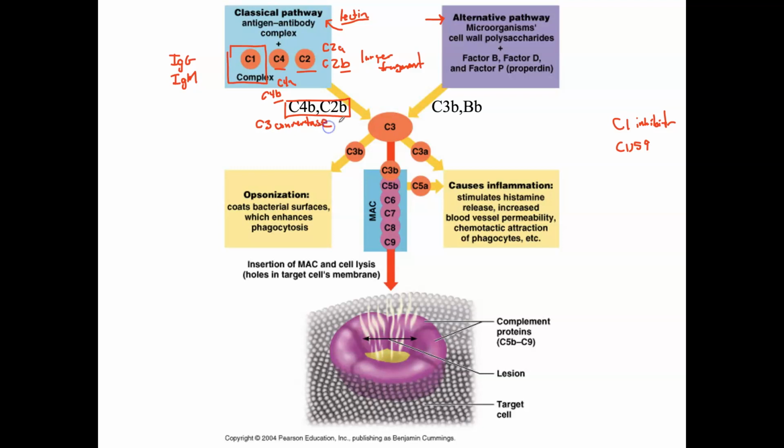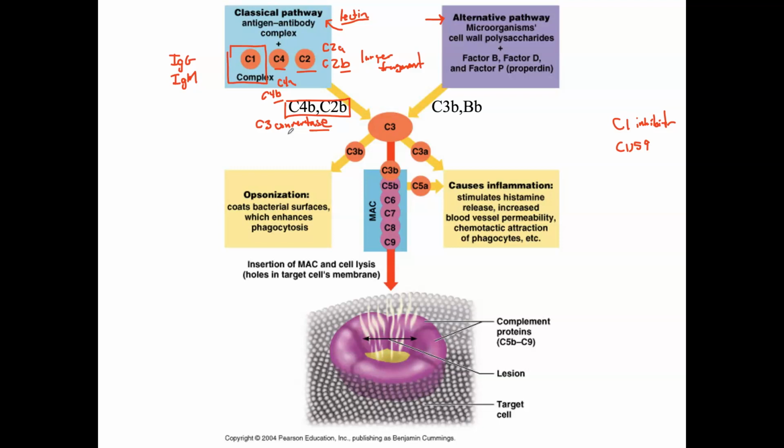This protease, this enzyme, is going to be used to activate the C3 protein. So the idea behind the classical pathway is to create C3 convertase so that the protein C3 can be activated.